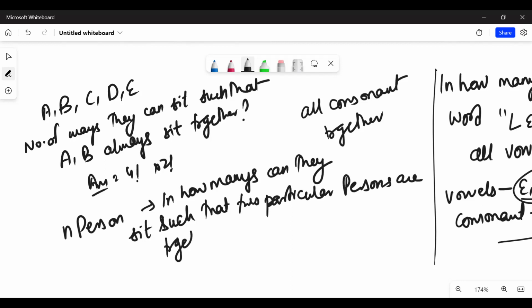If I ask you in terms of n, your answer will be (n minus 1) factorial into 2 factorial.